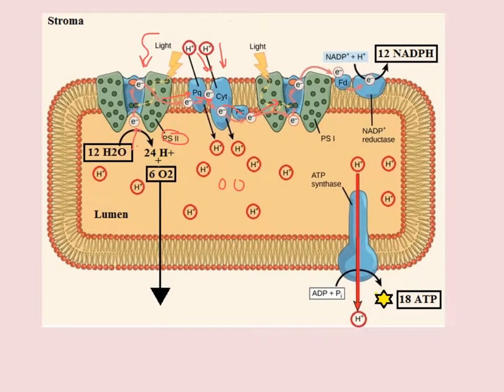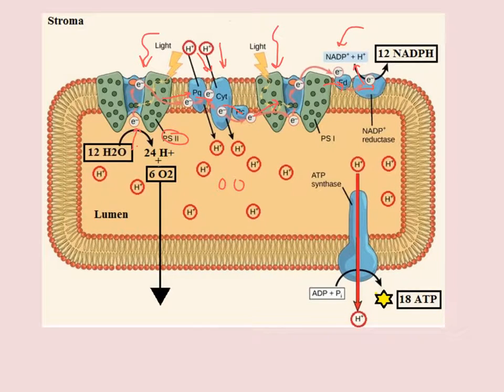It's lost its energy by pumping in those hydrogen ions, so those electrons are re-energized by the sun. It's passed on to ferredoxin and finally NADP reductase, where 2 electrons and 1 hydrogen bond with NADP to form the energy molecule NADPH. And that goes on to power the Calvin cycle, or the light independent reaction.